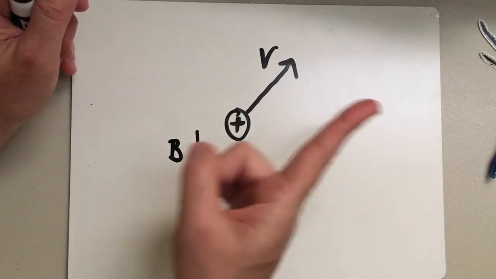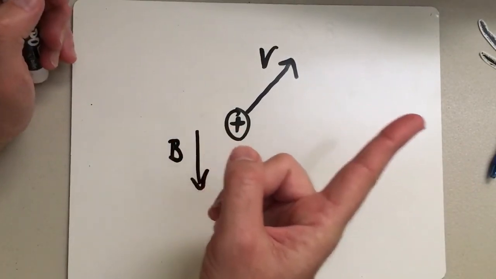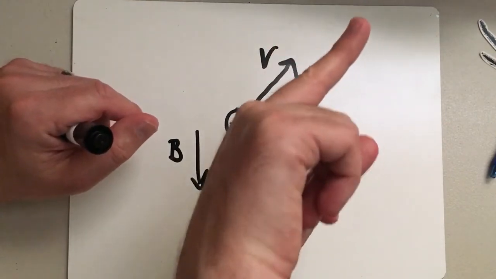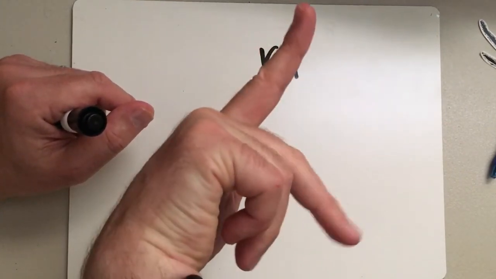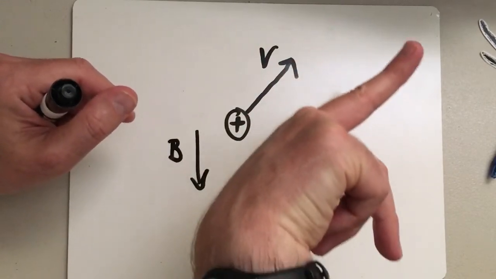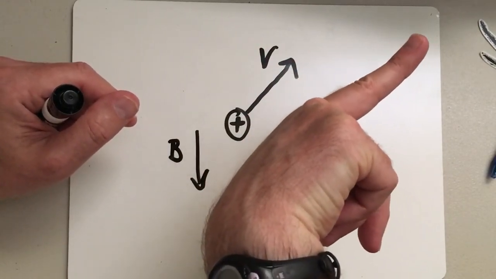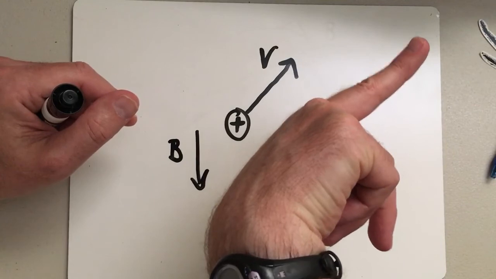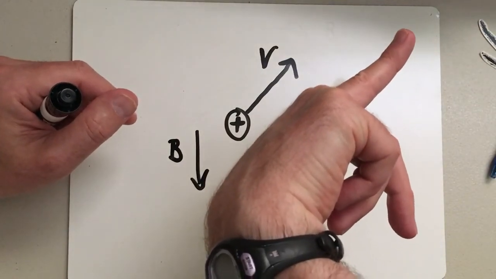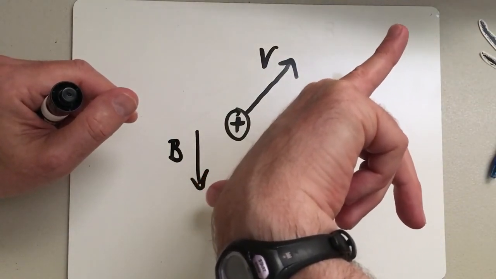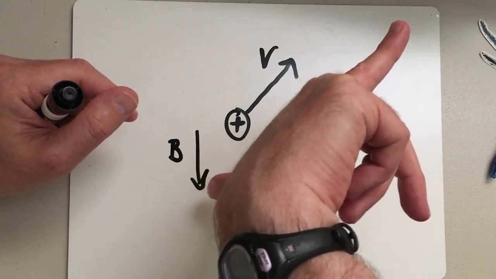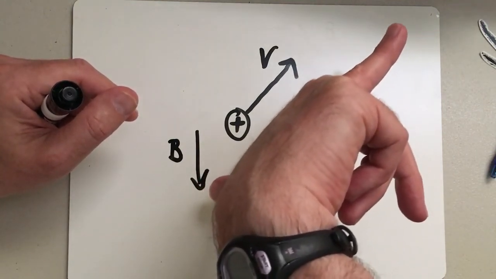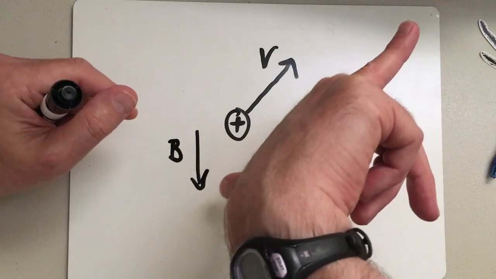But in this case, the velocity is that way, and the magnetic field is going down, so I need to rotate my hand so I can bend my middle finger so it's roughly pointing down. So hopefully you can see it's pointing down to the bottom of your screen, and then there's my thumb. I stick my thumb straight out. It's going into my board here, so into your screen.